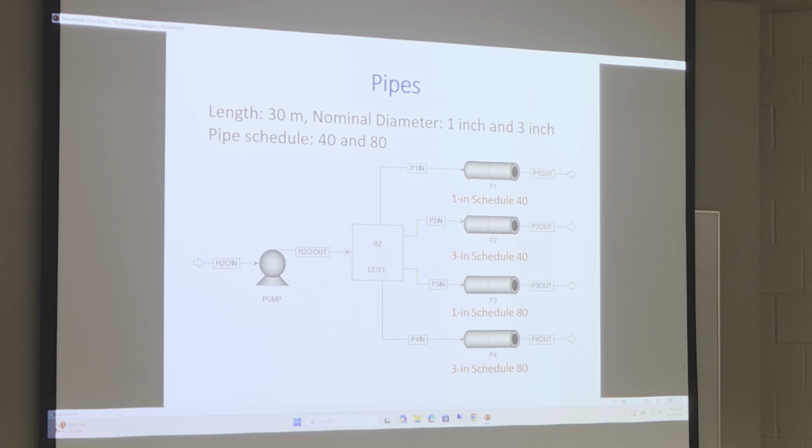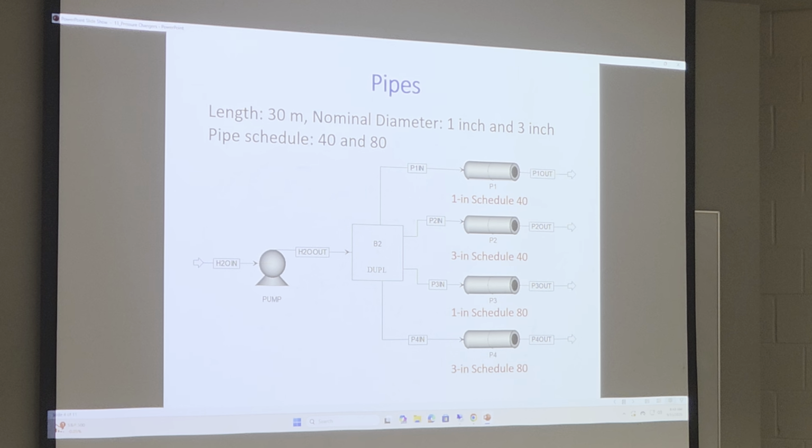So 1 inch, 3 inch, those are nominal sizes. Usually when we say 1 inch or 3 inch, the pipe inside diameter is not exactly 1 inch or 3 inch, but we call it nominal size. Nominal means industrial standard size. What's the difference between schedule 40 and schedule 80?